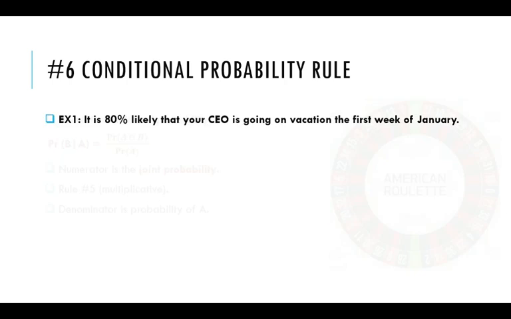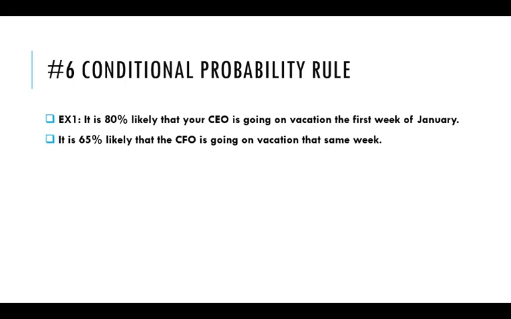So example 1. It's 80% likely that your CEO is going on vacation the first week of January, right? So we're all going to be like, woohoo, time to play. So 80% likely your CEO is going on vacation the first week of January.